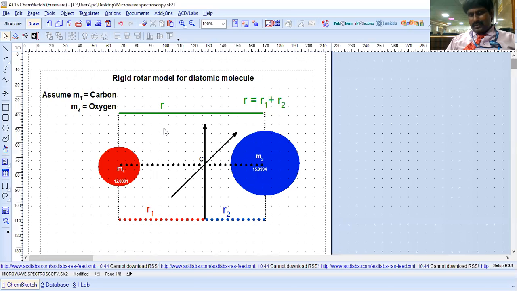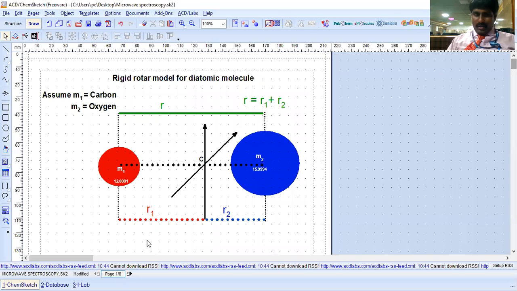And the bond length of the CO molecule, that is carbon and oxygen, is R. Moreover, R is equal to R1 plus R2. You remember these two conditions: R is equal to R1 plus R2, and M1 R1 equals M2 R2.